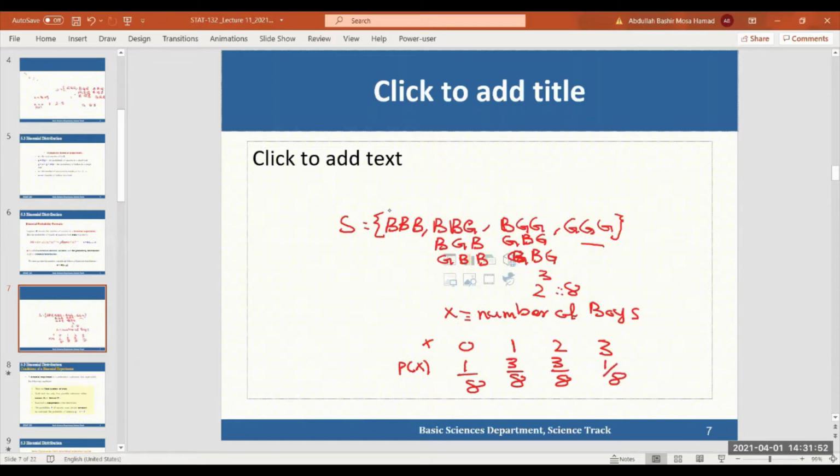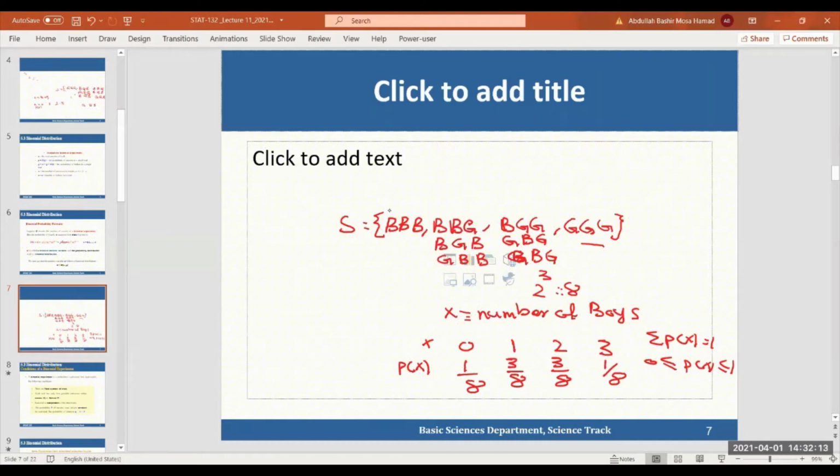We have 2 conditions of a discrete probability distribution that should be satisfied: the summation of P(x) should equal 1, and 0 is less than or equal to P(x), which is less than or equal to 1. These two conditions are already satisfied.